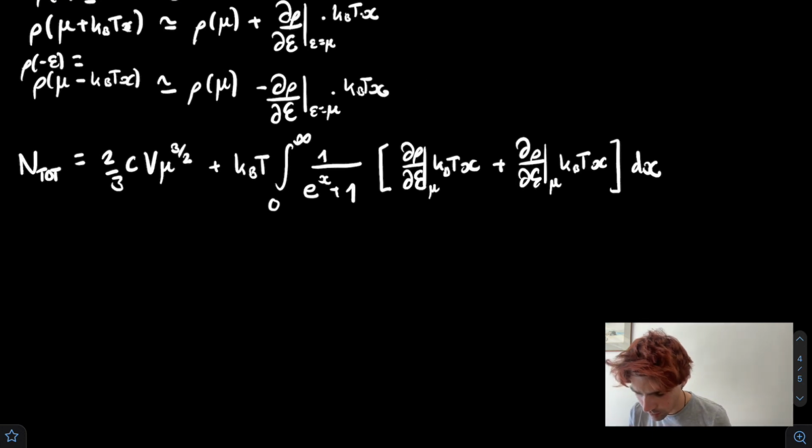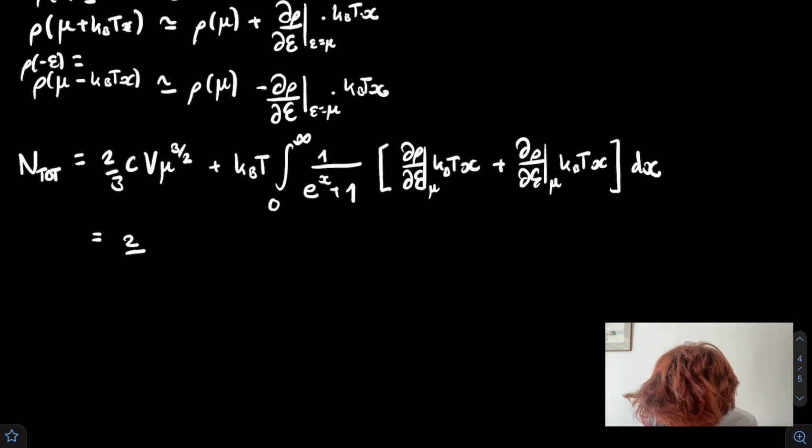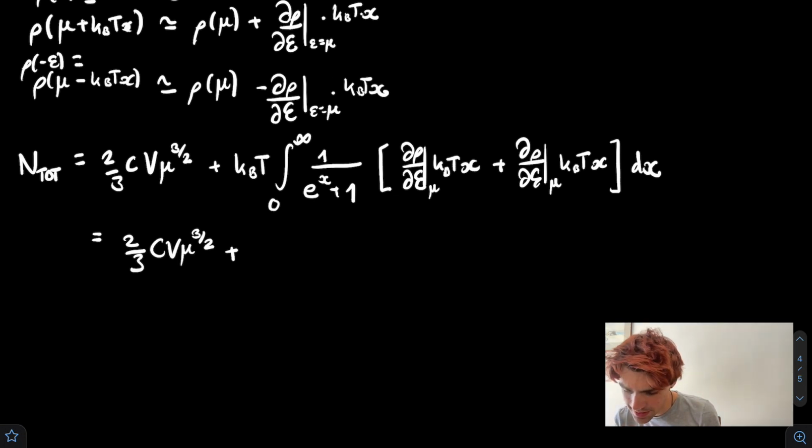So we have some common terms to both, which we can factor out the front to make our lives as easy as possible. What we can see is kBT is common to both these terms and is also a constant. It's not in terms of x. And likewise, d rho d epsilon evaluated at mu is also common. So we can put all this out the front.